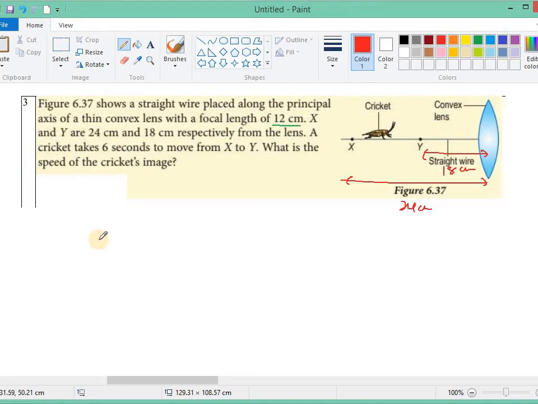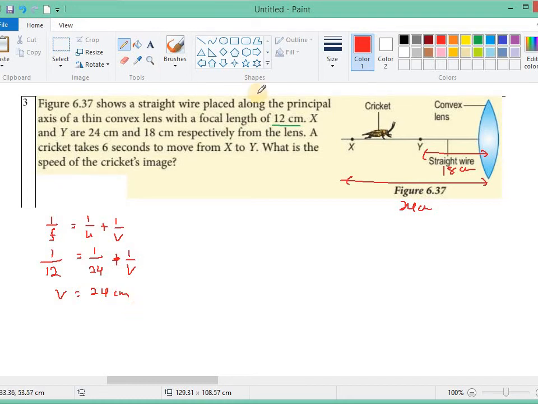So that means we need to calculate the image distance when the cricket is at X and the image distance when the cricket is at Y. So 1 over F equals 1 over U plus 1 over V. Focal length is 12 centimeter, so positive 12 because this is a convex lens. We want to find the image distance.